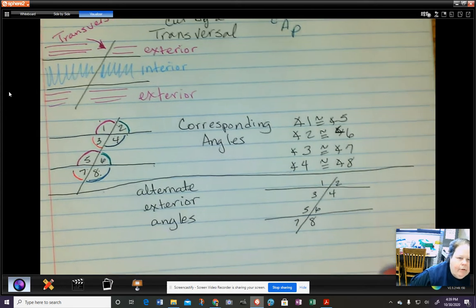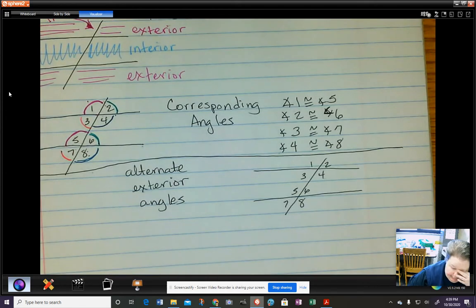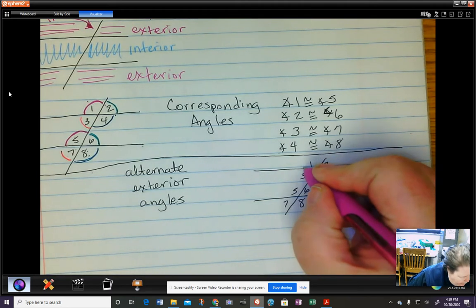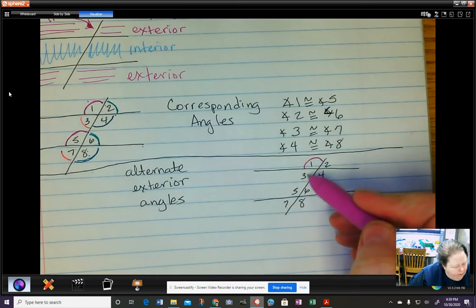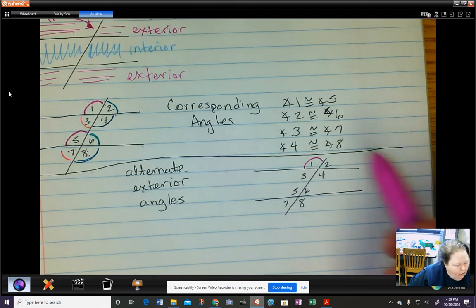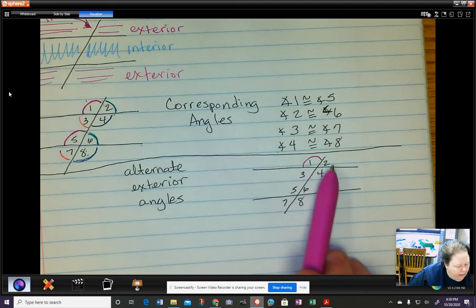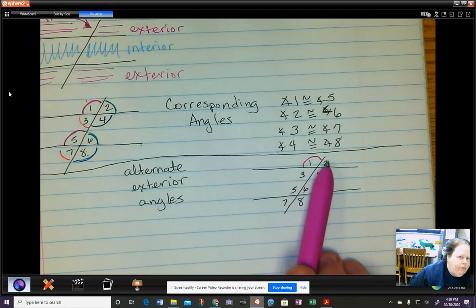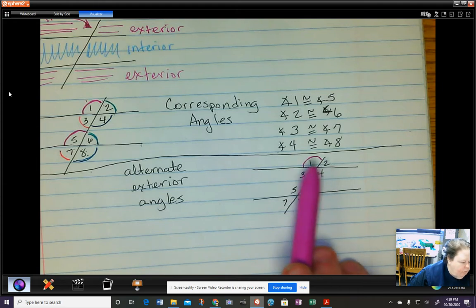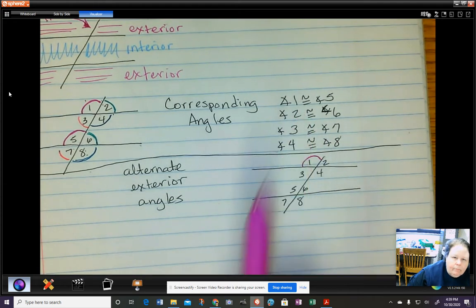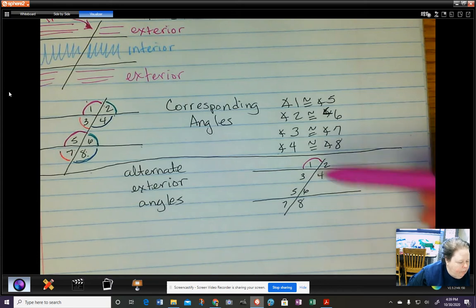Alternate exterior angles. So we're going to look on the outside. So I'm going to look at 1. It's on the outside. I'm not going to look on the same side of the transversal. Alternate means on the other side of the transversal, but it's not next to it, because 2 is not congruent to 1. We found that out up here. 2 and 1 are not congruent.